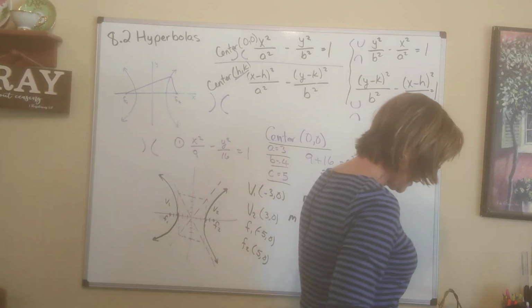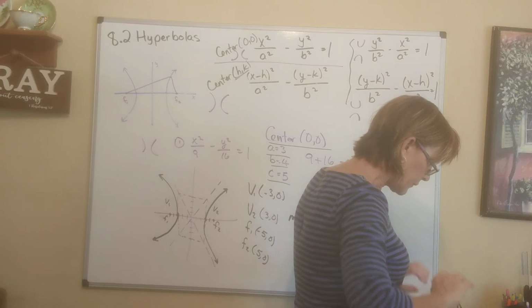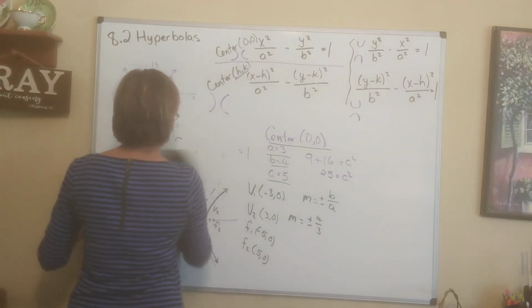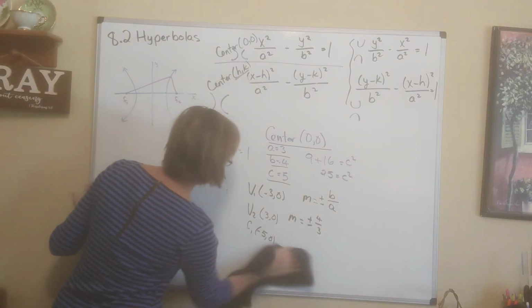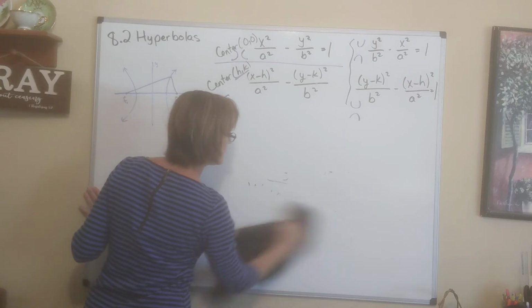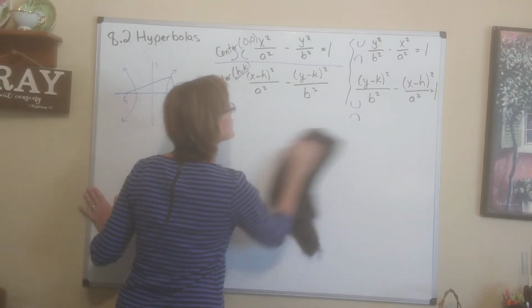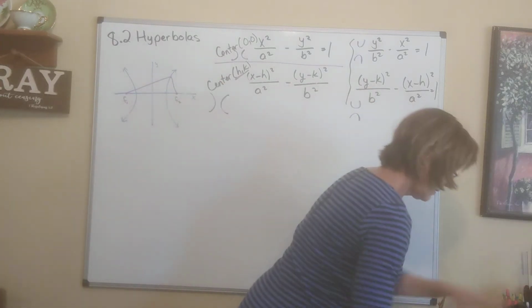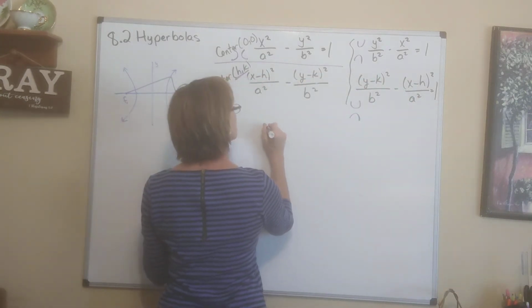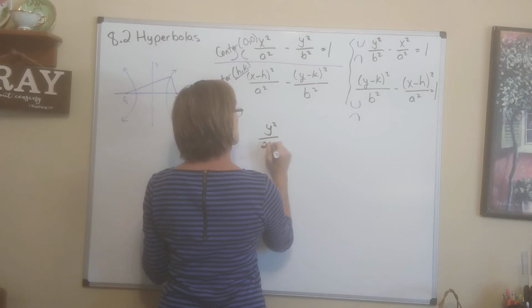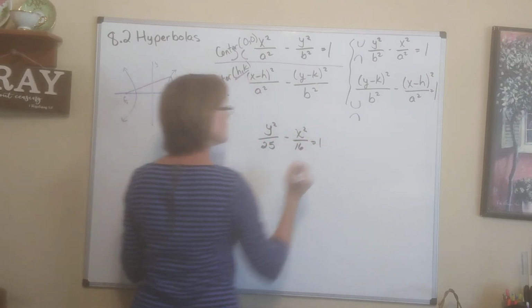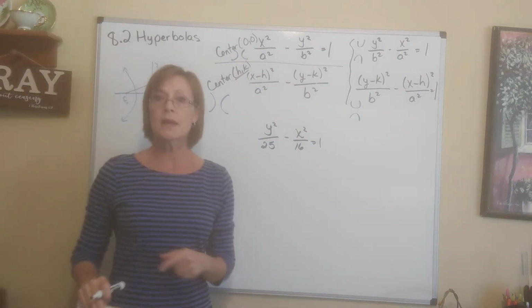If we have y squared over 25 minus x squared over 16 equals 1, let's see what that one looks like. All right, I can tell this is a hyperbola.